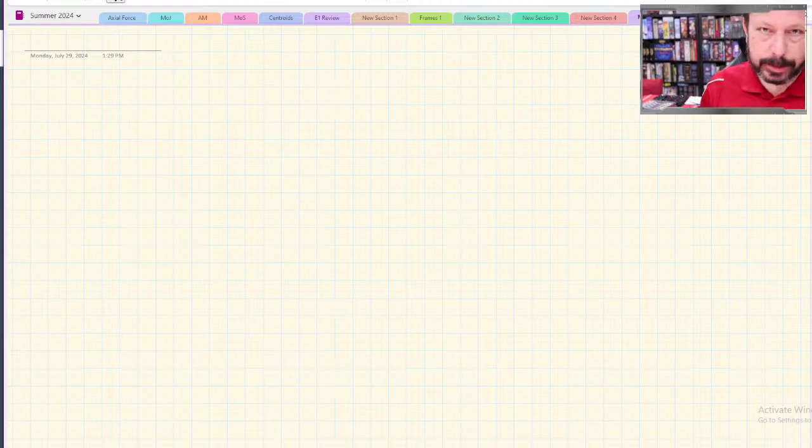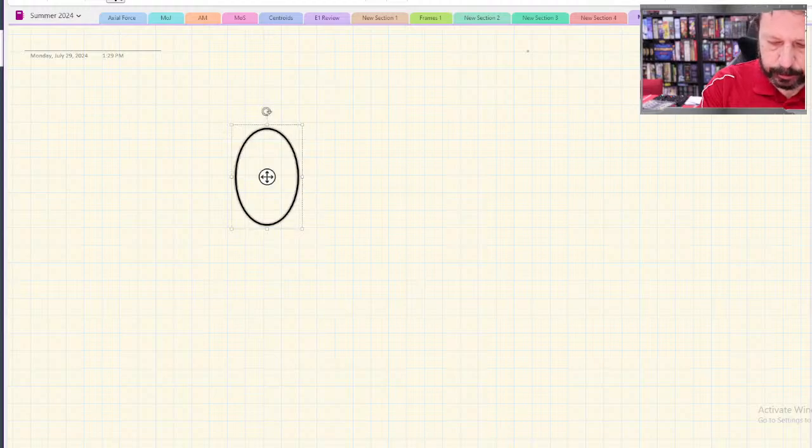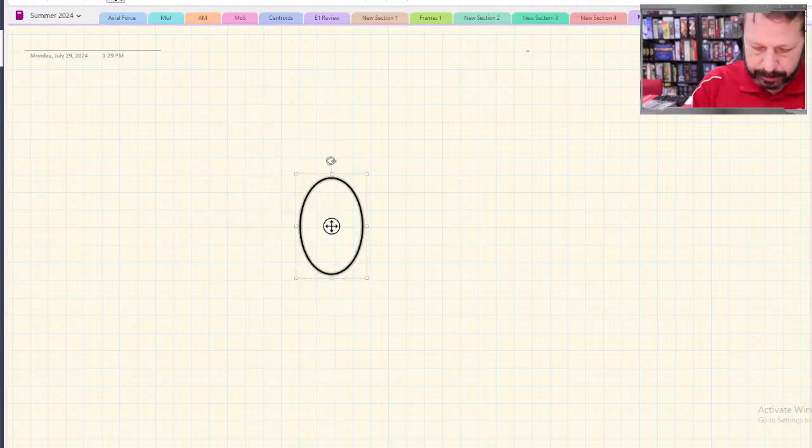So, since we're stuck with torsion on round circular shafts, let me draw a kind of generic diagram that labels all of our new variables. Because we have some new variables that we haven't used, or maybe we've used them in different ways. So let's make it more of an oval.